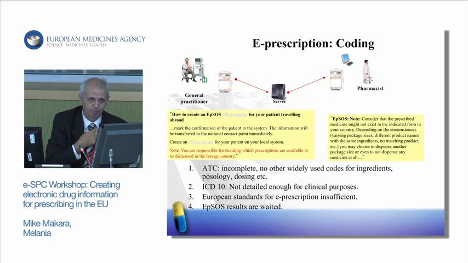So I am responsible in Hungary to prescribe a medicine which exists in Portugal. How do I know it? When the patient presents in Portugal with an electronic receipt there, which is probably not available in the country, that's what the text says, then the pharmacist can decide whether to substitute it with an existing product, or not dispense at all, which in the case of insulin is a problem.